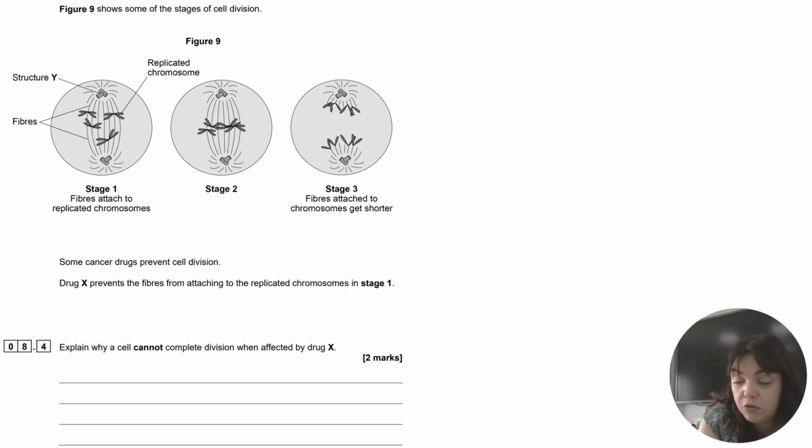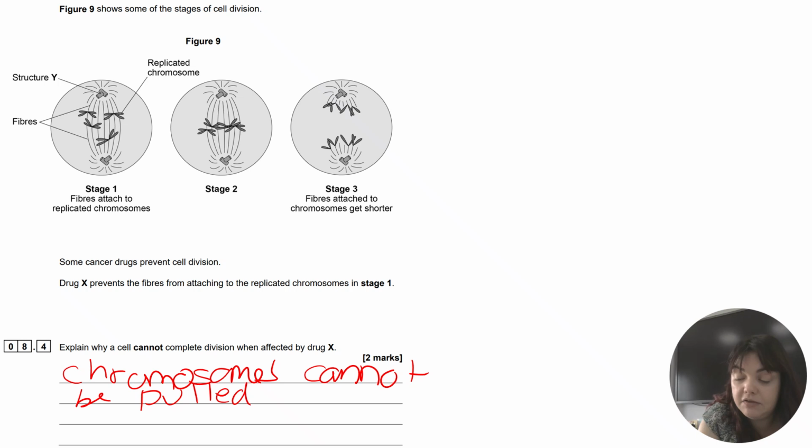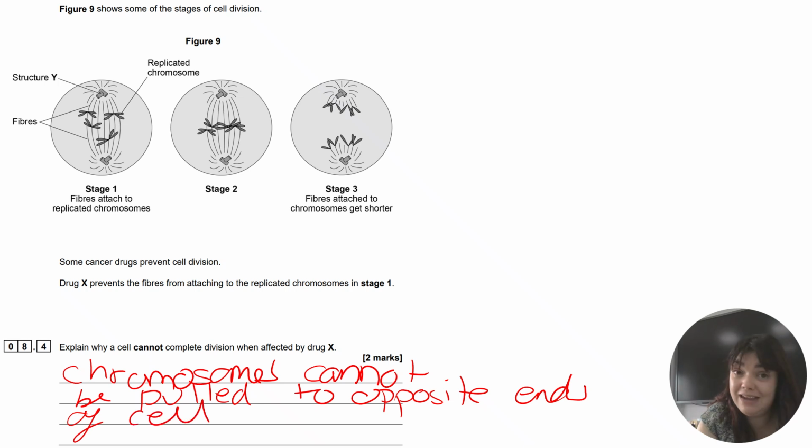So the chromosomes cannot be pulled to opposite ends of the cell. That's 1 mark. And the other mark is, so the nucleus cannot divide. There are a couple of other ways you can say this.